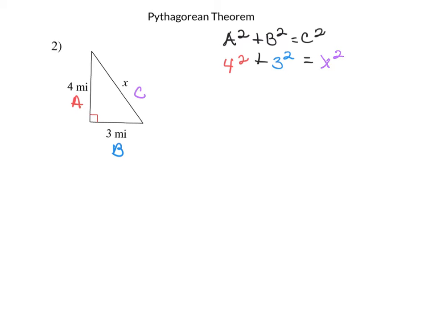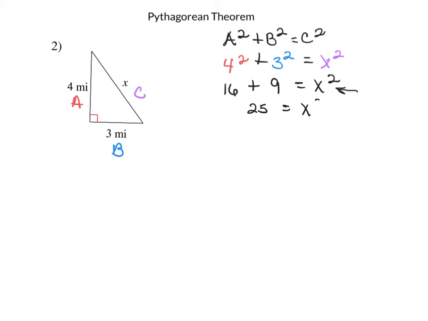Now we're going to simplify our exponents. 4 squared is 16. 3 squared is 9. And that's equal to x squared. It's an equation. The x value is isolated by itself, so now we're just going to perform the addition. 16 plus 9 is 25.